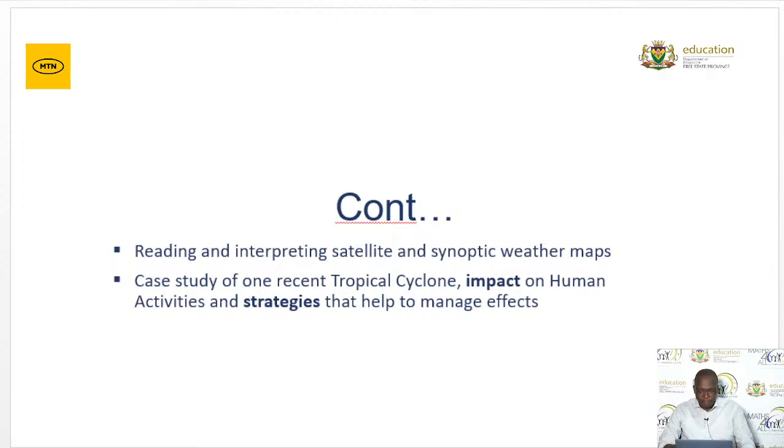Now, the other thing in terms of tropical cyclones, we have two categories of countries here: developed countries and also developing countries. Those two are not able to handle the effects of tropical cyclones the same way, because the one is rich, the other one is poor.